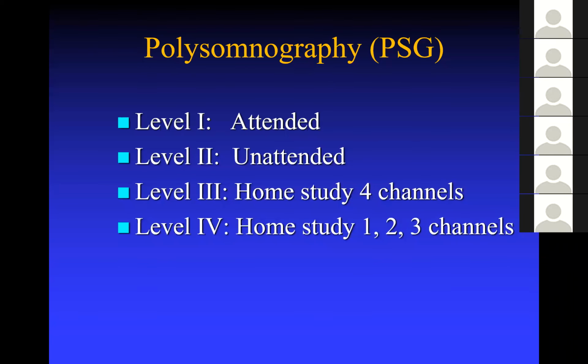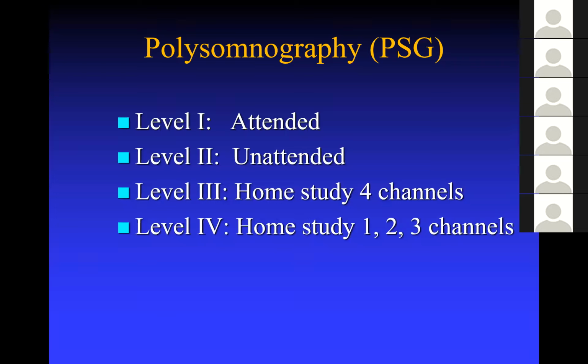So for sleep studies, there are 4 levels of sleep studies. Level 1 is the standard in-lab sleep study. Level 2 is the same parameters as in-lab, they're just going to a nursing home or somewhere else. A tech is going and doing the whole test, but that's rarely done anymore. Level 3 is the home study, basically has 4 channels and just looks at sleep apnea.